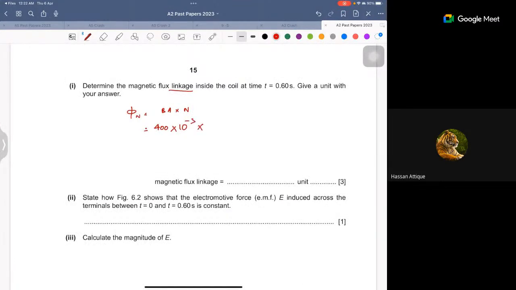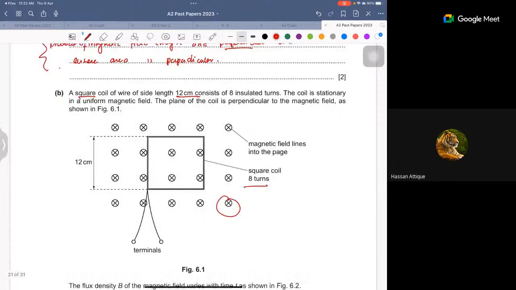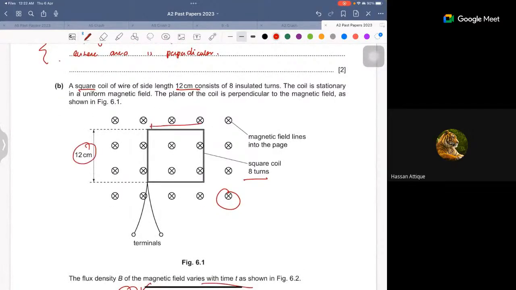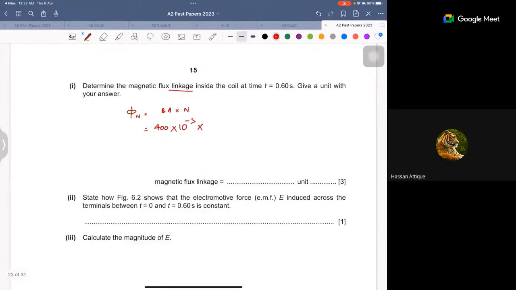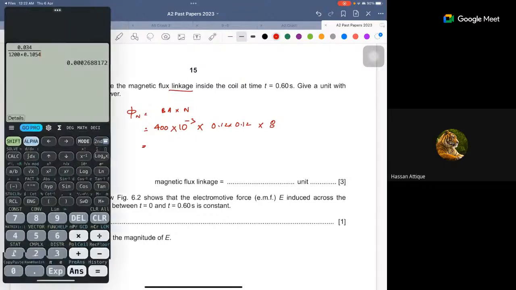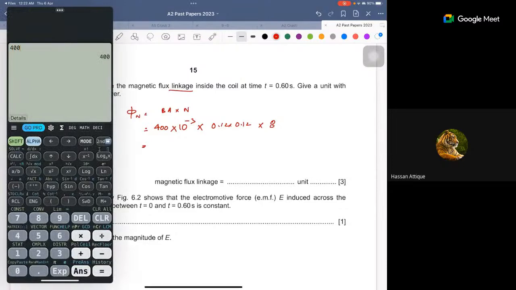Area, we need to calculate it ourselves. It's 0.12, and this is also 0.12, which makes it 0.12 times 0.12. This would be area, and the number of turns was 8. I don't know what the answer is. Wait.